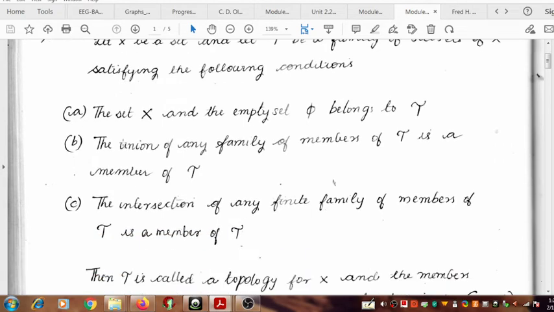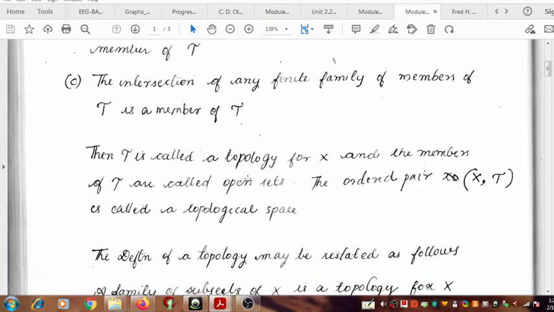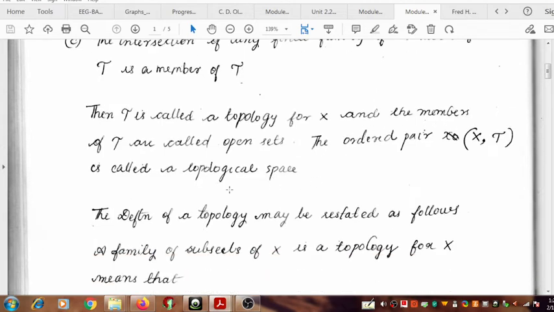After getting a topology tau, X and tau together make a topological space. The tau makes the non-empty set X a topological space. Hence we can say that X comma tau is a topological space, or X has a topology. We can say it in different ways, simply that X has a topology tau.